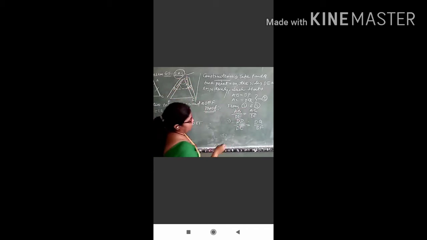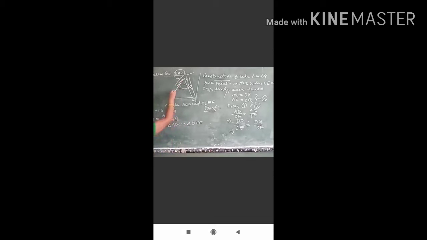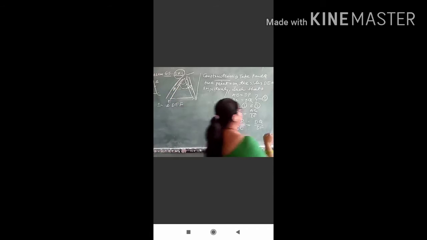So now in which triangle? Now I am writing, in triangle DEF, suppose the given number is 4. Now in triangle DEF, from 4 we get DP upon DE is equal to DQ upon DF.